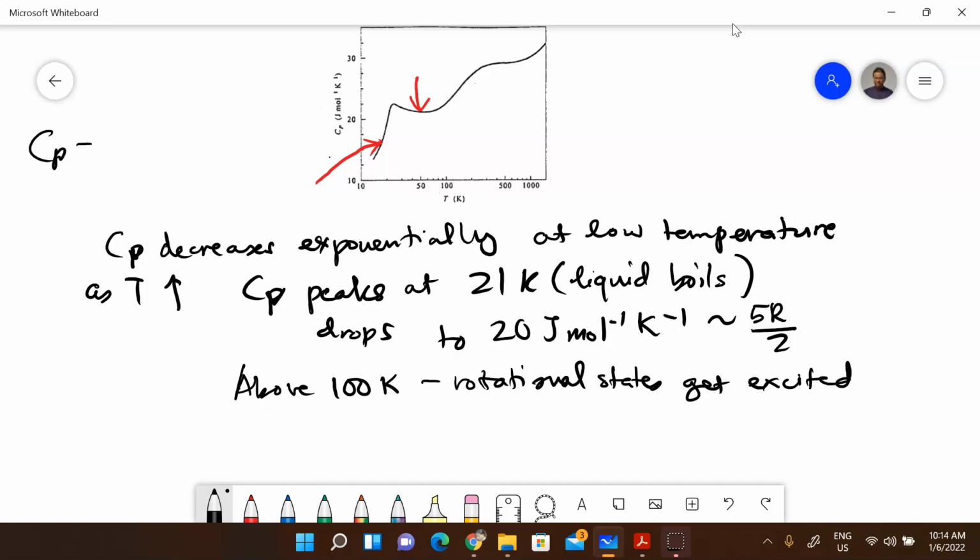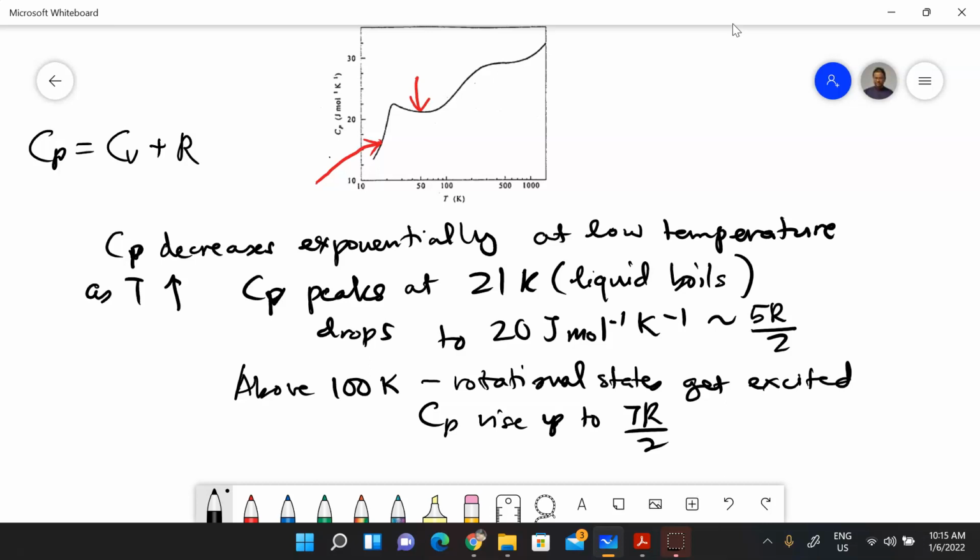CP and CV are related by something like that; I can't remember precisely the number here. So CP rises up to 7R over 2. Again, this number 5 and 7, where does it come from? Later on we talk about the equipartition theorem and the degrees of freedom, and then you can understand why this happens.